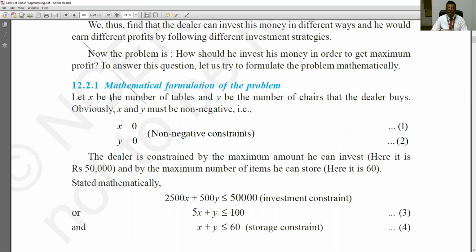Please write, let X be the number of tables and Y be the number of chairs that the dealer buys.